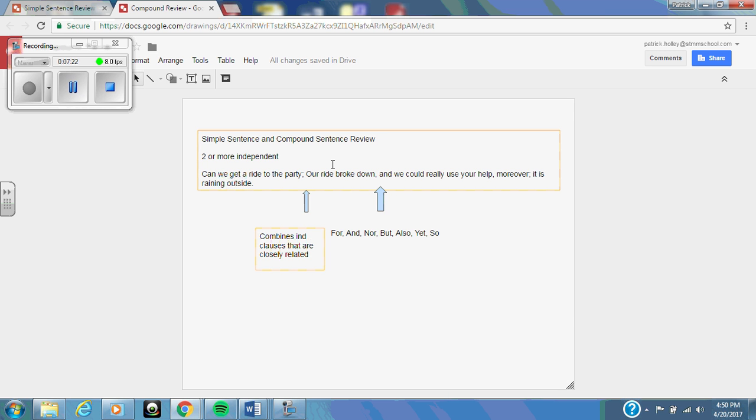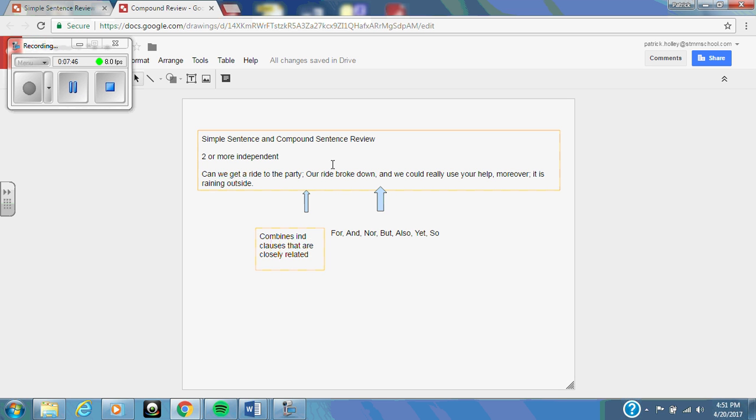The second thing is that we have four independent clauses in this sentence. A lot of you think that if there's more than one independent clause, you put complex, or compound-complex, for some reason. Know that I can have an infinite number of independent clauses and I would still have only a compound sentence.